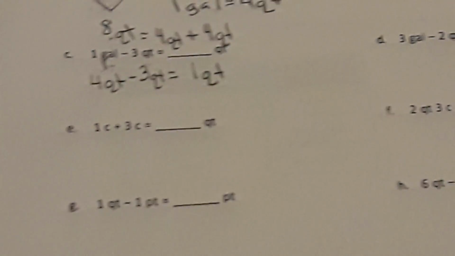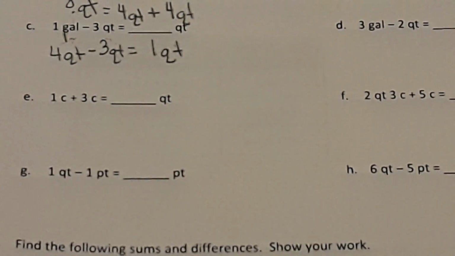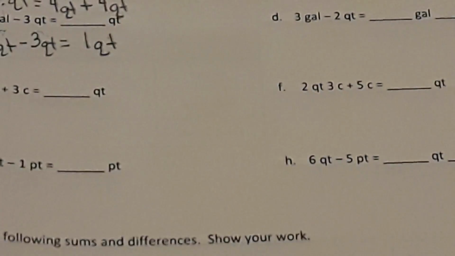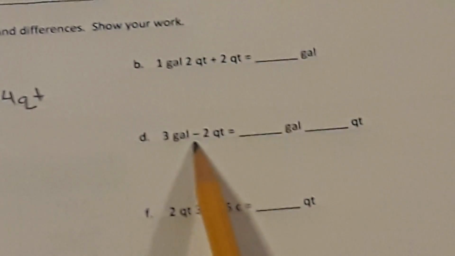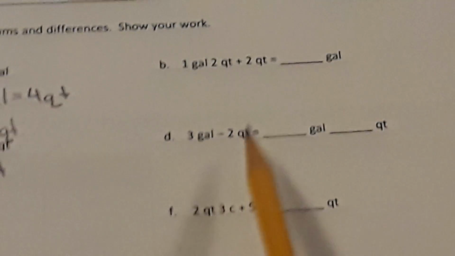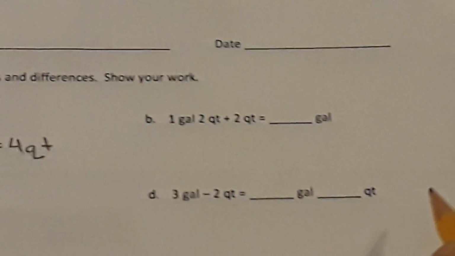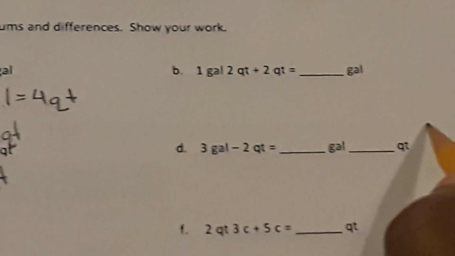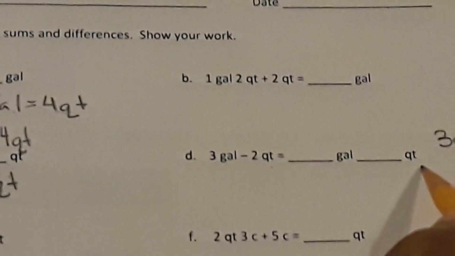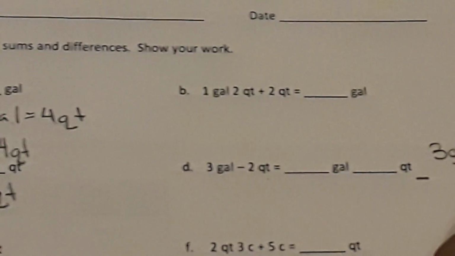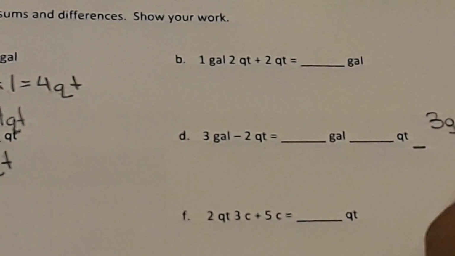Another one that was really confusing for them was D, where we did 3 gallons minus 2 quarts. I discovered that if I wrote it like this, 3 gallons minus, and then down here you have to keep your units together.